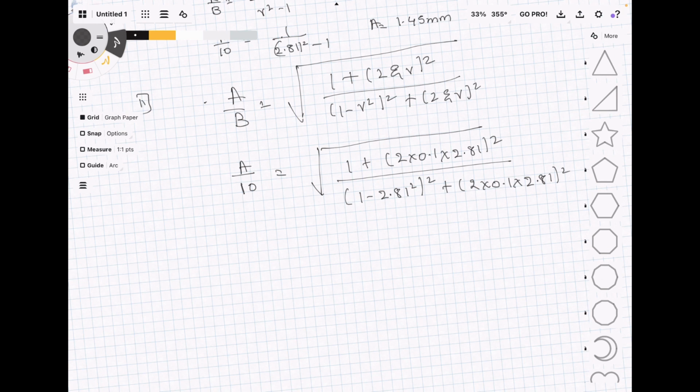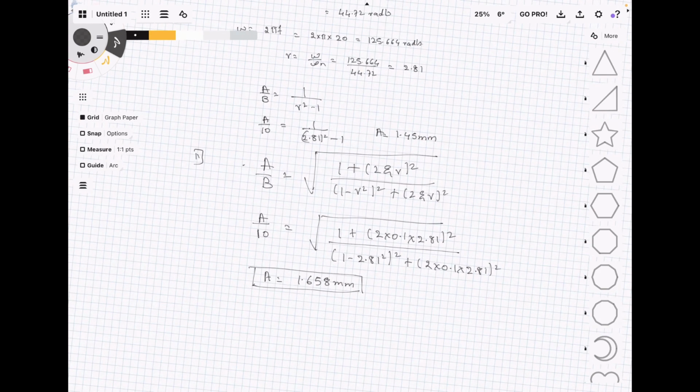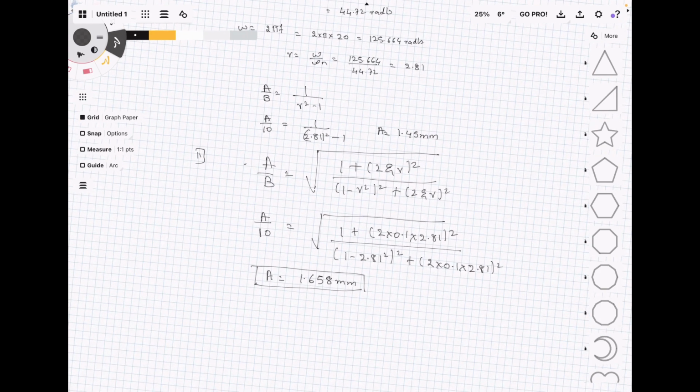So if you solve this, you will be getting the amplitude as 1.658 mm. So this is how we'll be finding out the solutions for the support motion. Okay, so that is motion transmissibility. The base is exciting, how much the mass will excite.